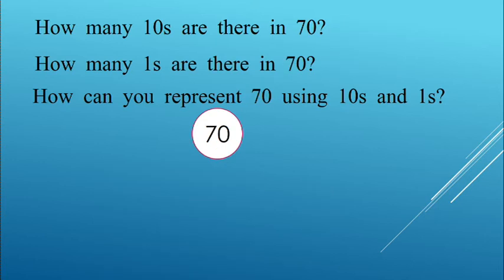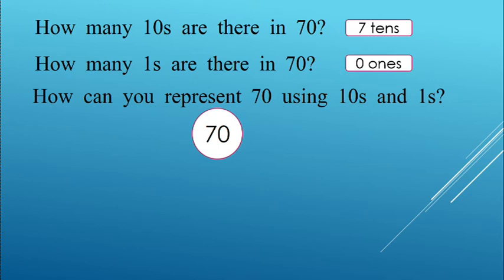Let me explain another example. How many tens are there in 70? How many ones are there in 70? How can you represent 70 using tens and ones? How many tens are there in 70? Yes, correct. 7 tens. How many ones are there in 70? Correct. 0 ones.